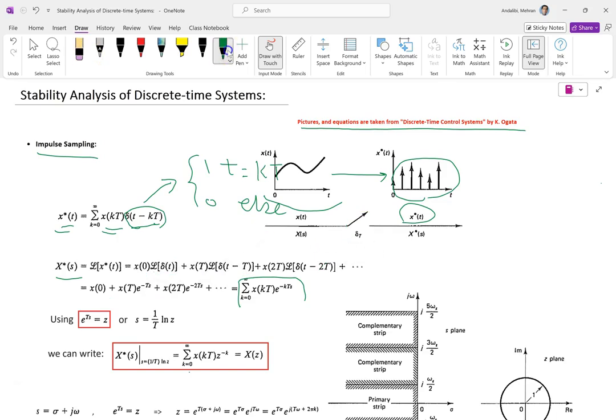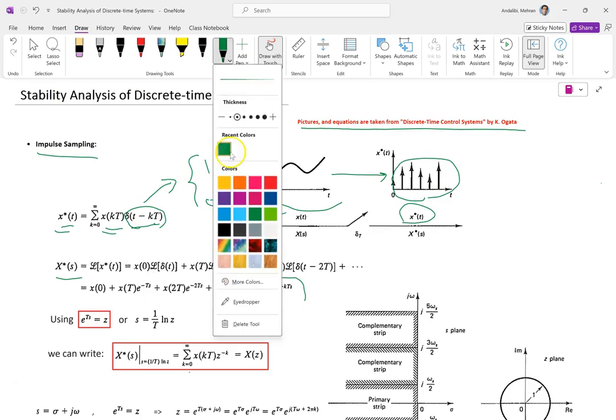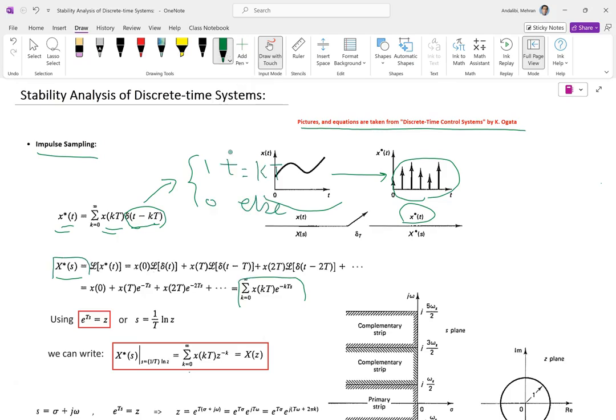Now that you have that, I want you to pay attention to how close this one is to the Z transform. If you remember, the Z transform of a signal was a summation as k goes from 0 to infinity of x of kT z to the negative k. This was the Z transform of a discrete time signal.